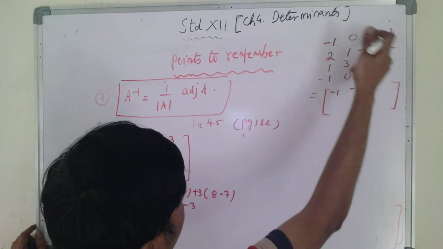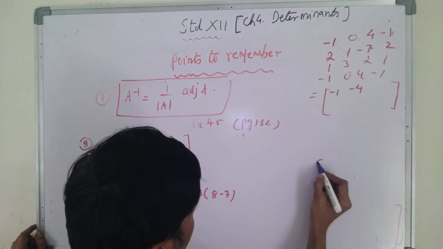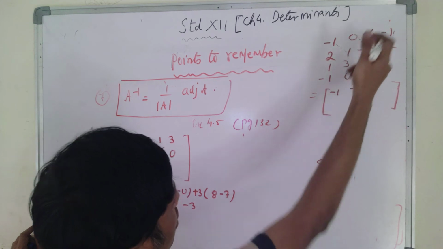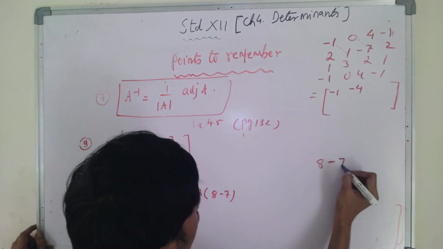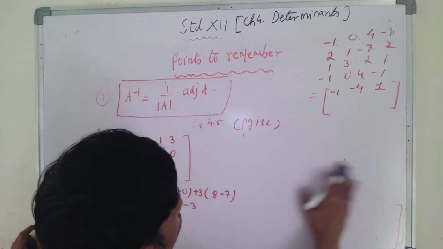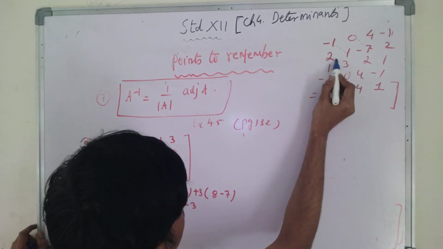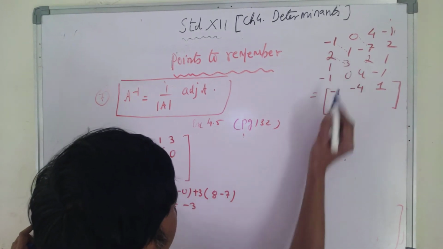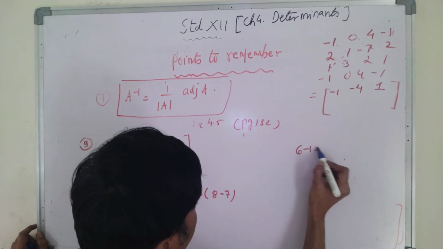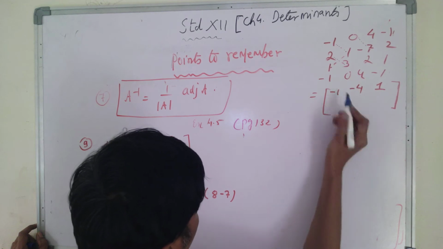Then 4 2s are 8. Minus -7 into -1 is +7. So that gives me 1. 8 minus 7 is 1. Now I'll go here. 3 2s are 6. And -1 ones are 1. So 6 minus 1 is your 5. So you can write 5 here.